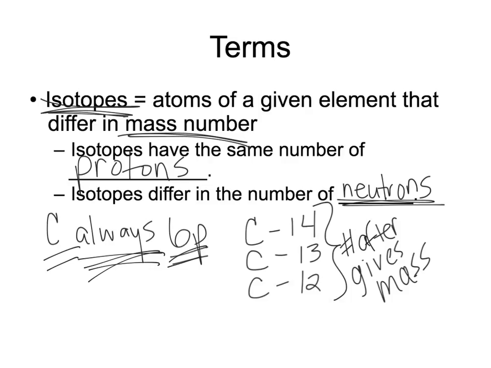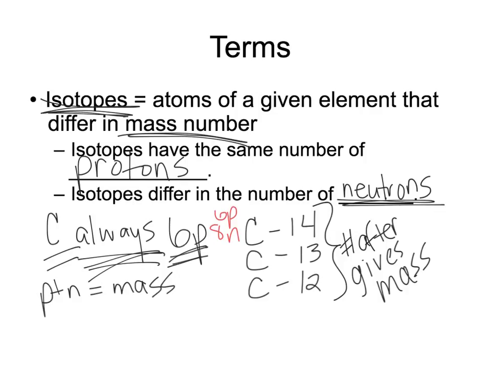Now your protons plus your neutrons give you your mass. So if I have an isotope of carbon-14, that would mean that I have 6 protons in that carbon, and in order to get a mass up to 14, I must have 8 neutrons in that isotope.